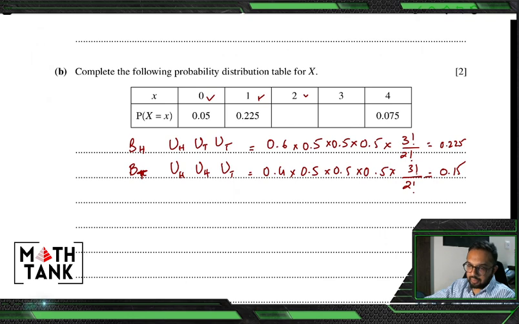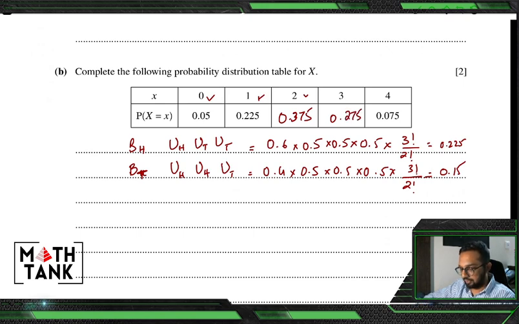Okay, 0.225 plus 0.15 is 0.375. And that should give me, that was 2 heads, sorry, 2 heads. So 0.375 here. And 0.275 here.